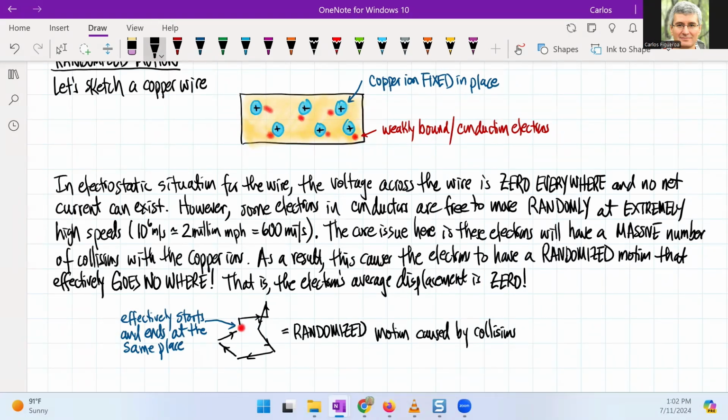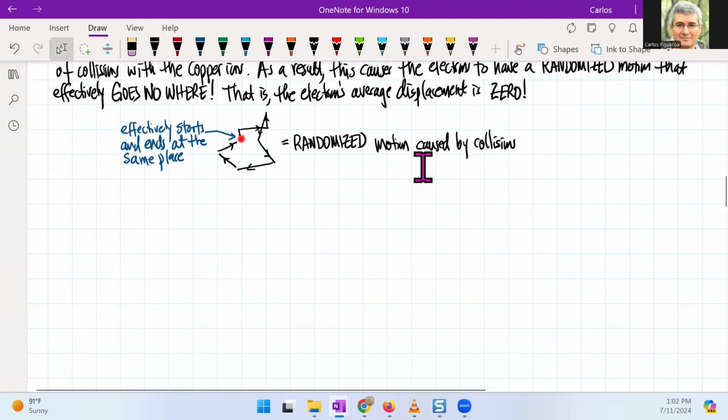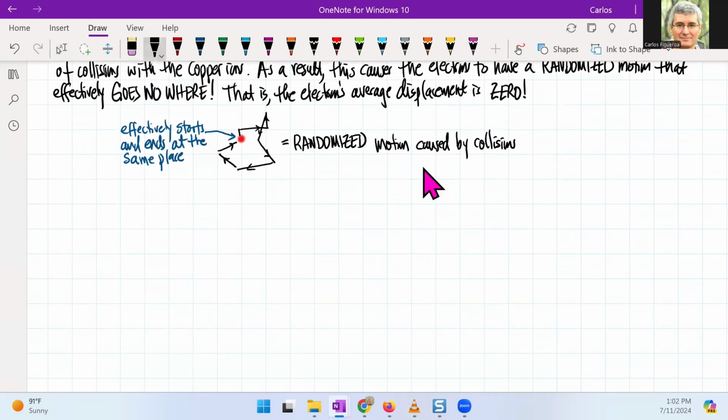I mean, you got to think about this a little bit more, right? I find this astounding. Effectively, we could say here is that the electron is all dressed up but has nowhere to go. That's effectively what is happening.